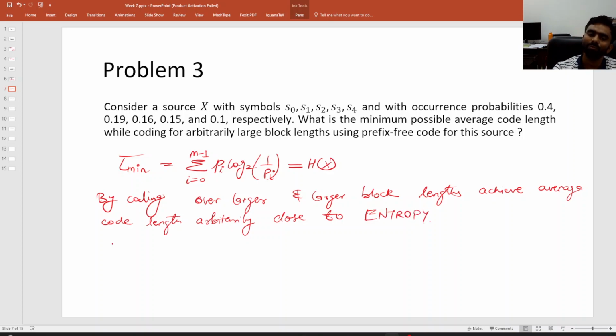So you have to calculate the entropy, and calculate the minimum possible average code length, which is nothing but equivalent to the minimum possible average.